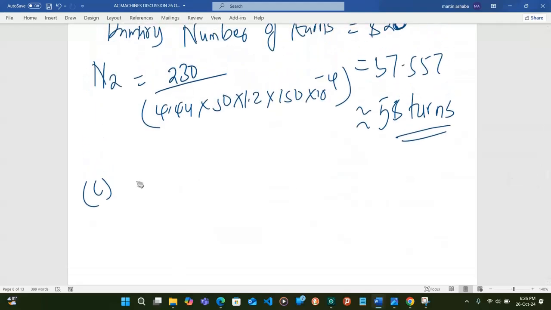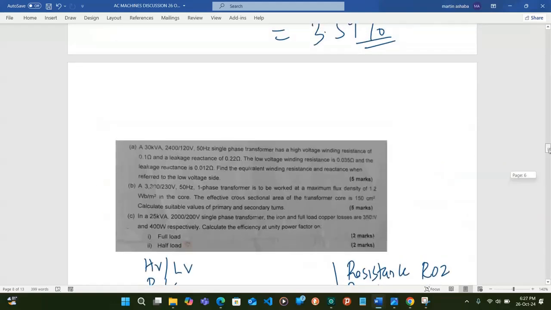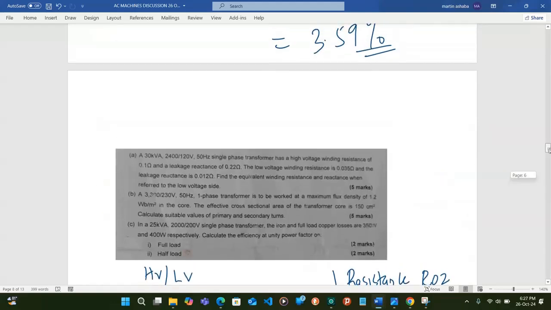So it is a 25 kVA, 2000/200 volts transformer. The iron losses are equal to 350 watts, and the copper losses are equal to 400 watts. So full load copper 400, iron losses 350.